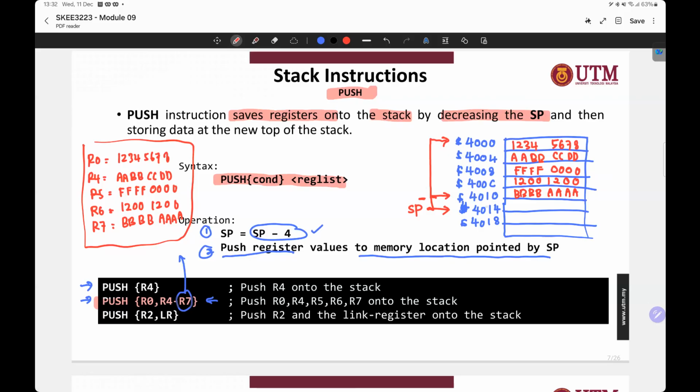So 4010, then 4008, 4004, and lastly it will point to 4000. Inside the 4000 address, you will store the value from R0. So this is for the push with multiple registers. Okay, moving on to the next slide.